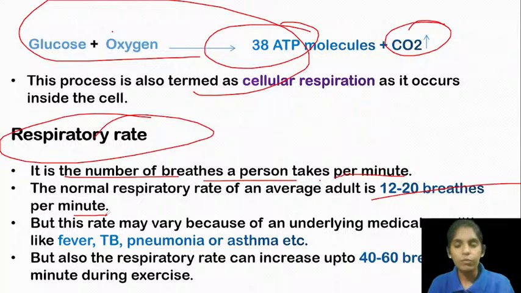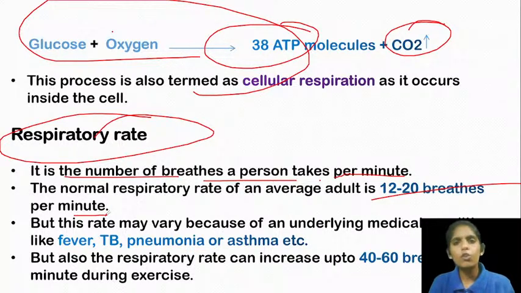It can change. Pneumonia, asthma, and tuberculosis are illnesses of the lungs particularly, and in these conditions the lungs are severely affected. Due to this, the respiratory rate can change very drastically. A common example I can give you is when a person works out or exercises, his muscles are involved, right?